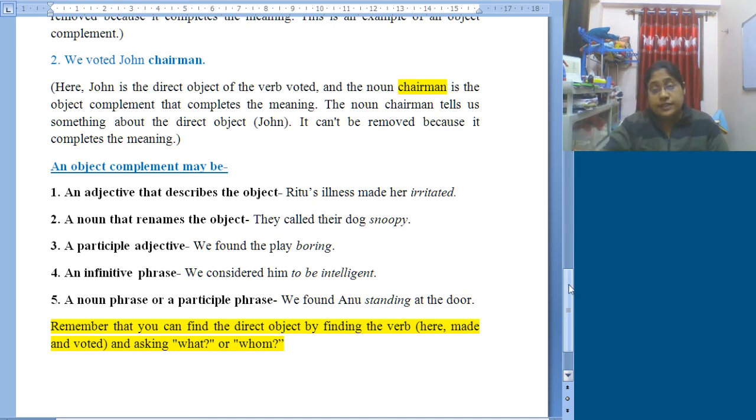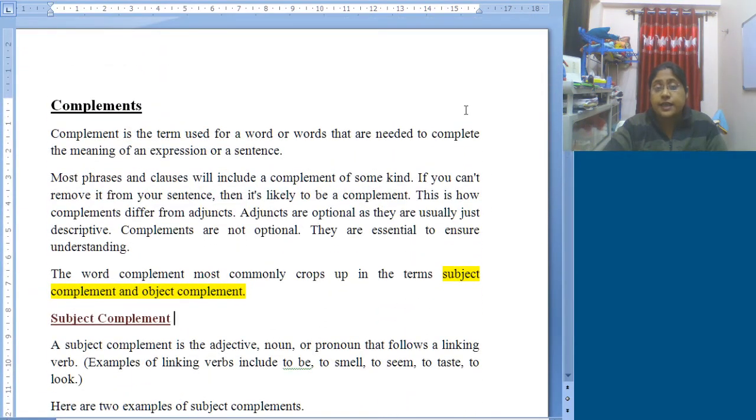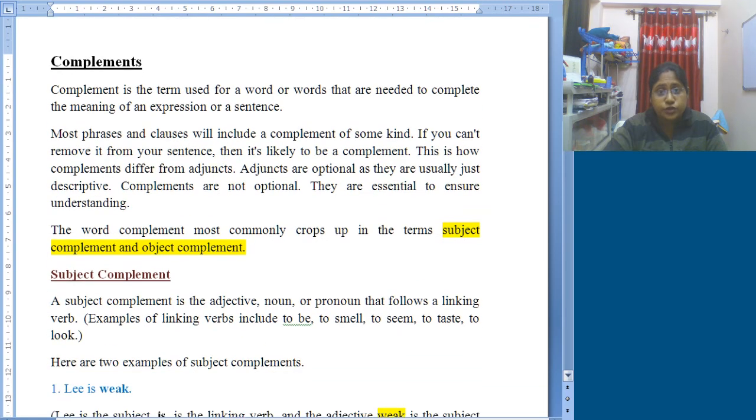This is the discussion for today, and we have only one chapter left, adverb and adverbials, which I am going to take next week, and then our portion will be over.